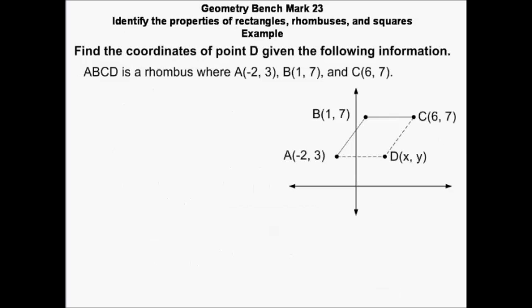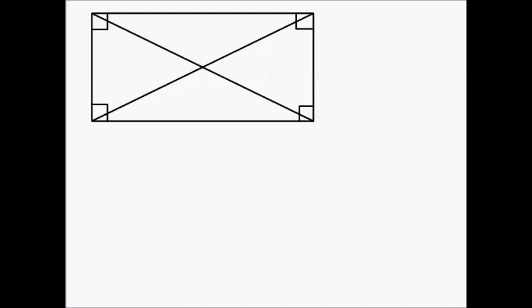So, I am going to draw pictures for you. Rectangle. From the parallelogram, we already know these are all 90 degrees, so I don't need to mark those. This angle will be the same as this angle, and this angle will be the same as this angle.